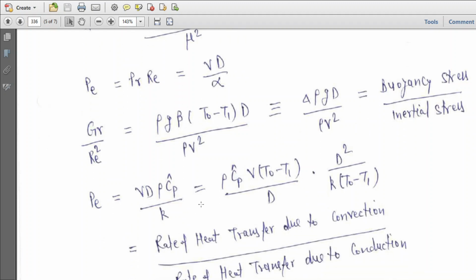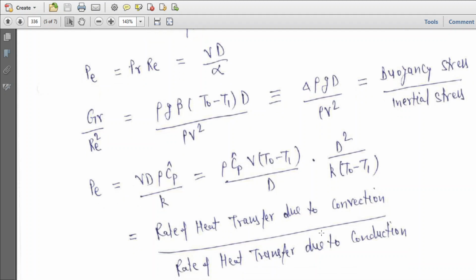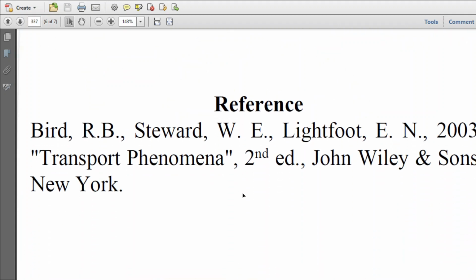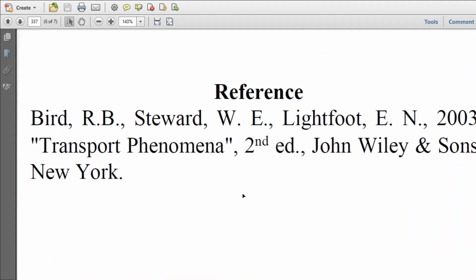The Peclet number is also the rate of heat transfer due to convection upon the rate of heat transfer due to conduction. The reference for this is Transport Phenomena by Bird, Stewart and Lightfoot.